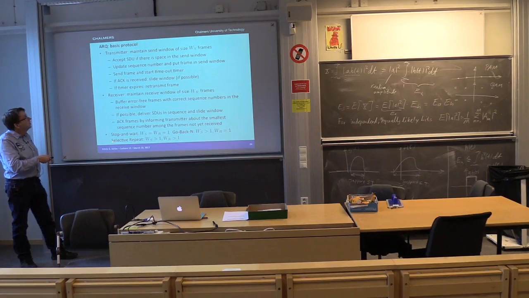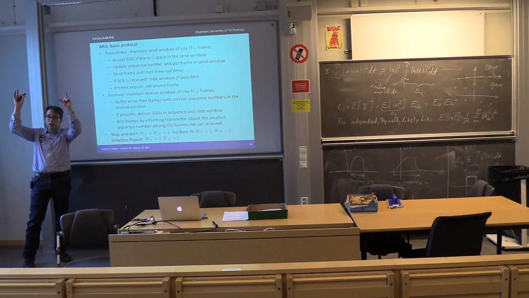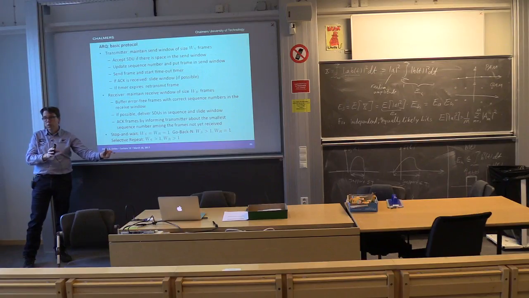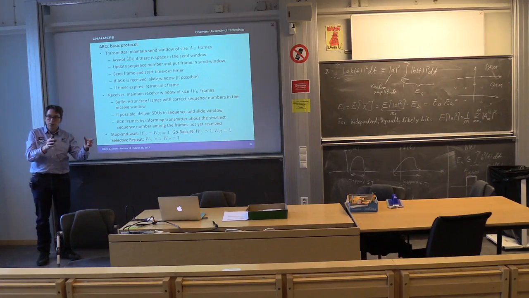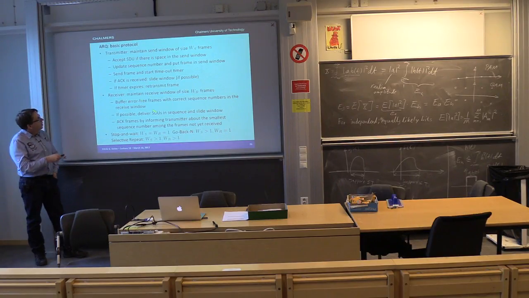In basic protocols like this, we have a transmitter with a send window size. We accept service data units from the layer above it and put them into the send window until the send window is full. Then we block the upper layer. As soon as we put a unit in the send window, we also transmit it, and then we start a timeout counter.